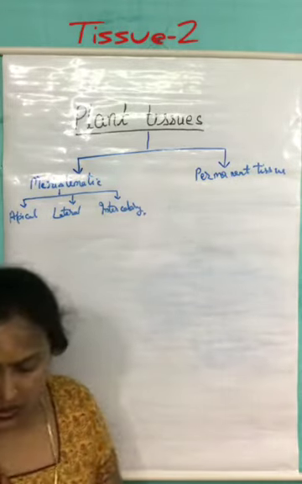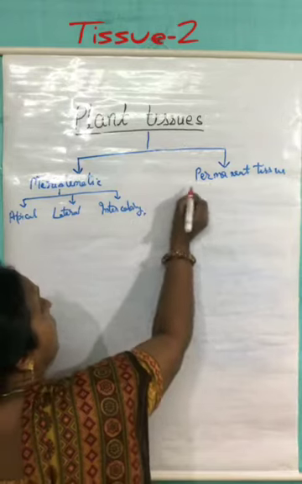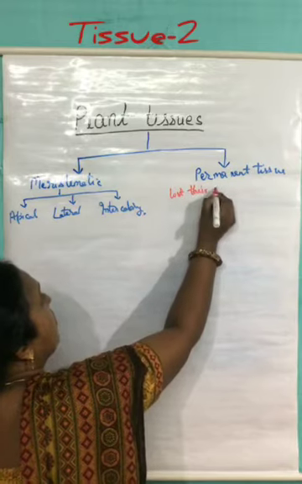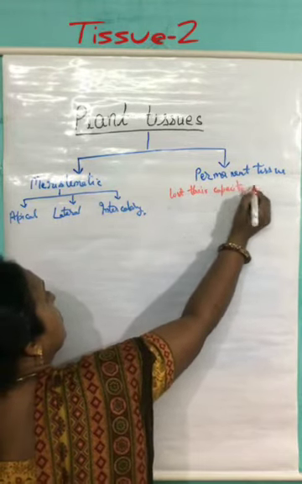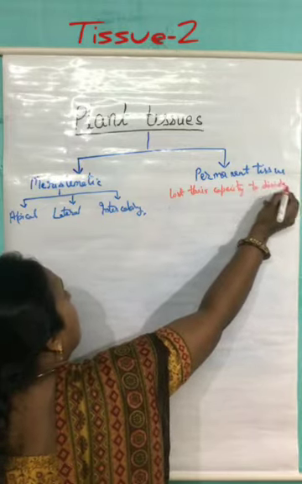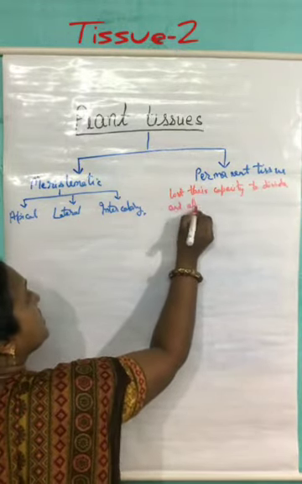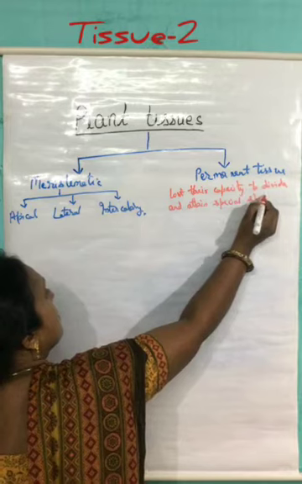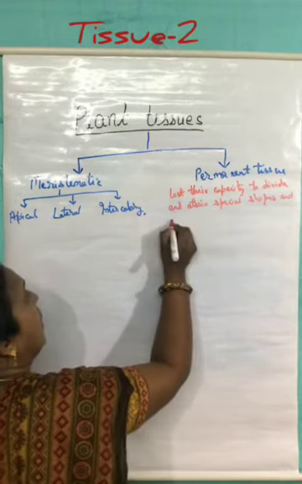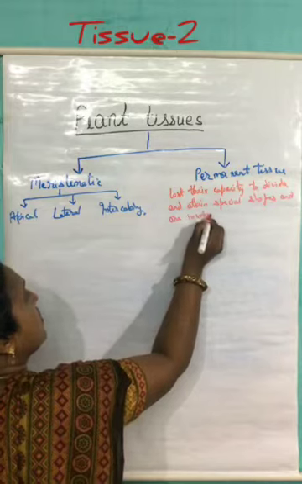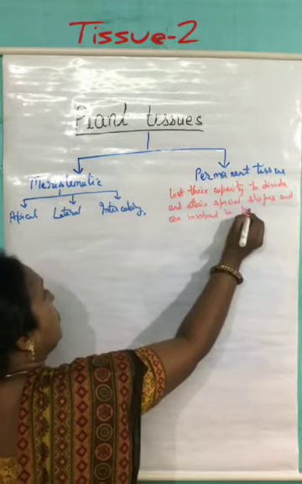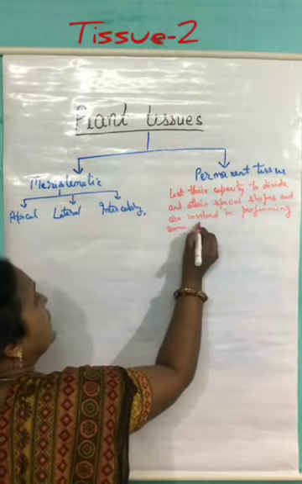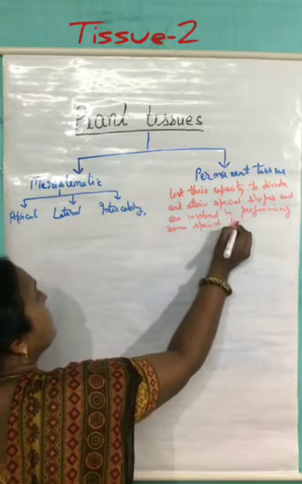Already we have discussed that permanent tissues are the tissues which lost their capacity to divide and attain special shapes and are involved in performing some special functions.